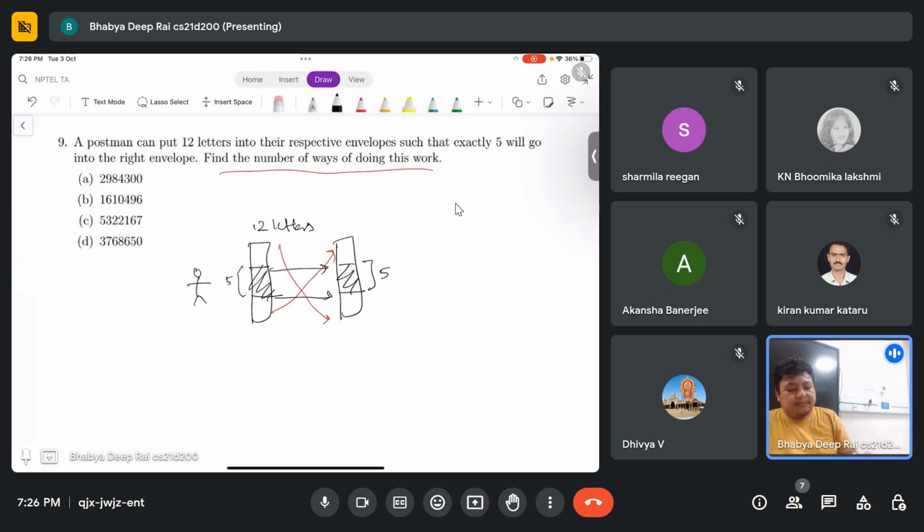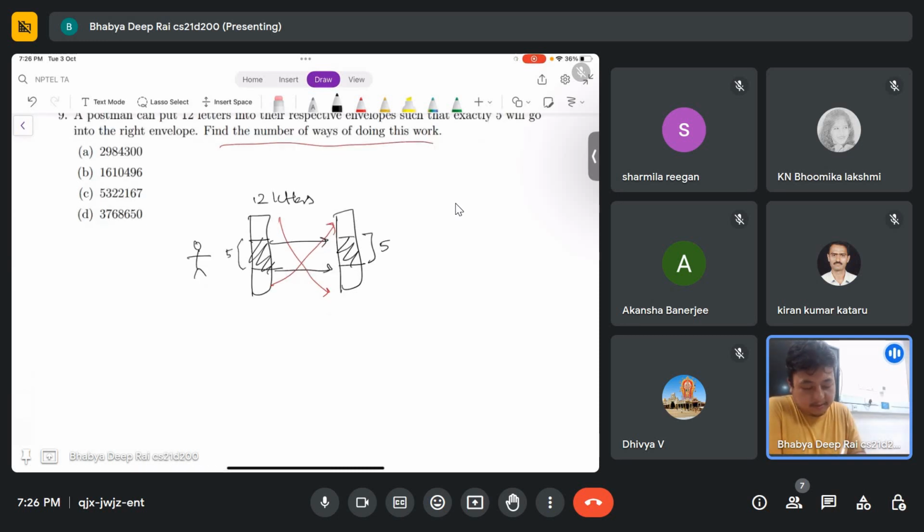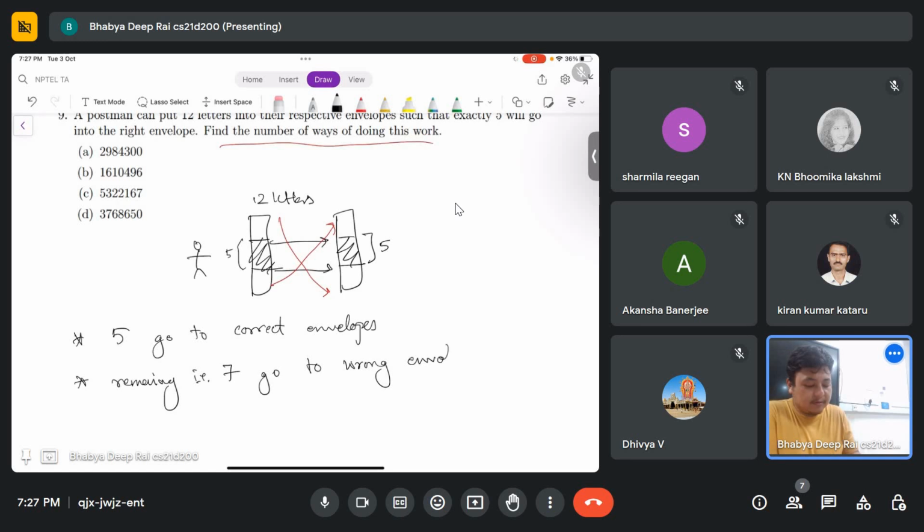The main observation is this: 5 of the letters go to correct envelopes, but the remaining 7 go to wrong envelopes.